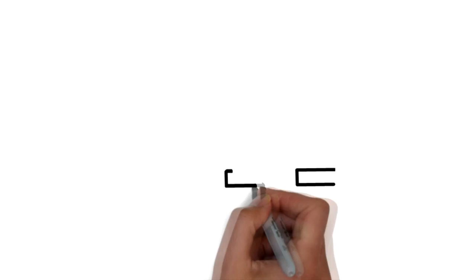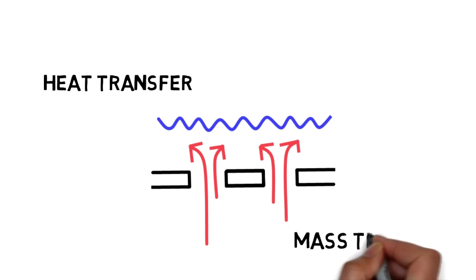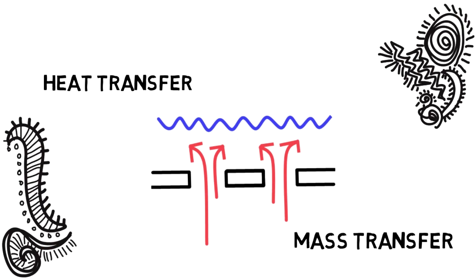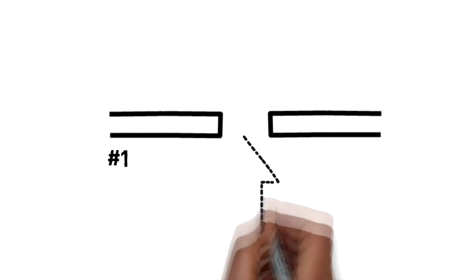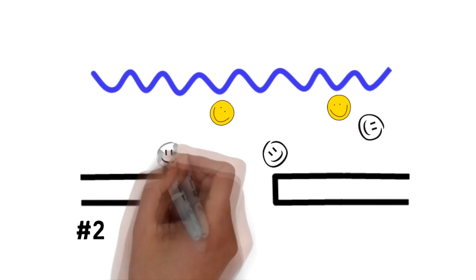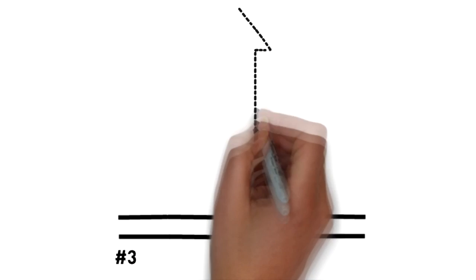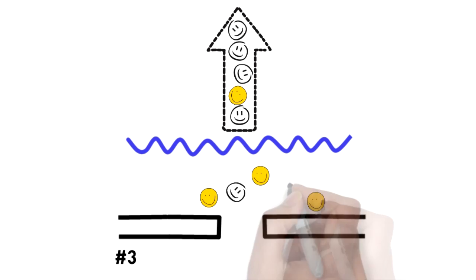As it comes into contact with liquid, simultaneous heat transfer and mass transfer take place. Mass is transferred simultaneously from the liquid by vaporization and from the vapor by condensation.